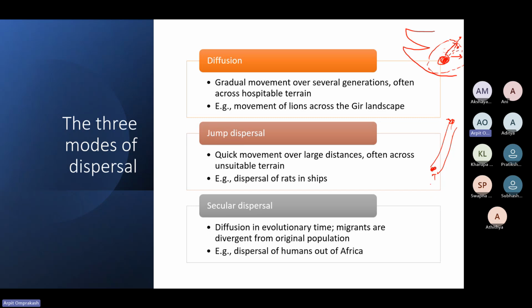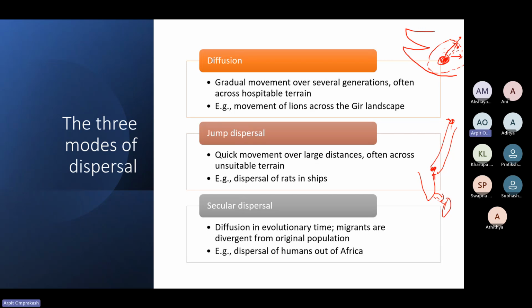So for example, rats can basically theoretically cross from mainland of India to let's say Sri Lanka or some other place, right? The ocean area in between is a place that is unsuitable for the rats to grow, but they cross that large area, and they quickly crossed it because of the ships. And that's why this is known as a jump dispersal. So it's like they're jumping from one place to the other.